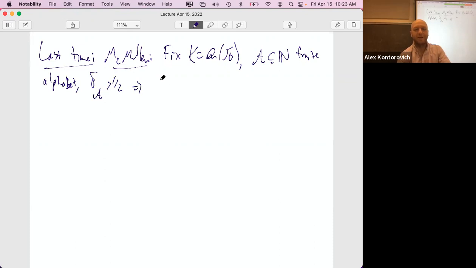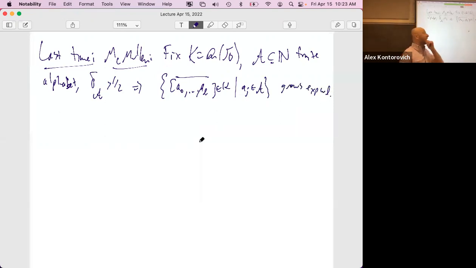Then he guesses that the set of periodic continued fractions [A0, ..., AL] in K with all of the AJ in A grows exponentially with L. Okay, so I want to explain the ELMV problem.